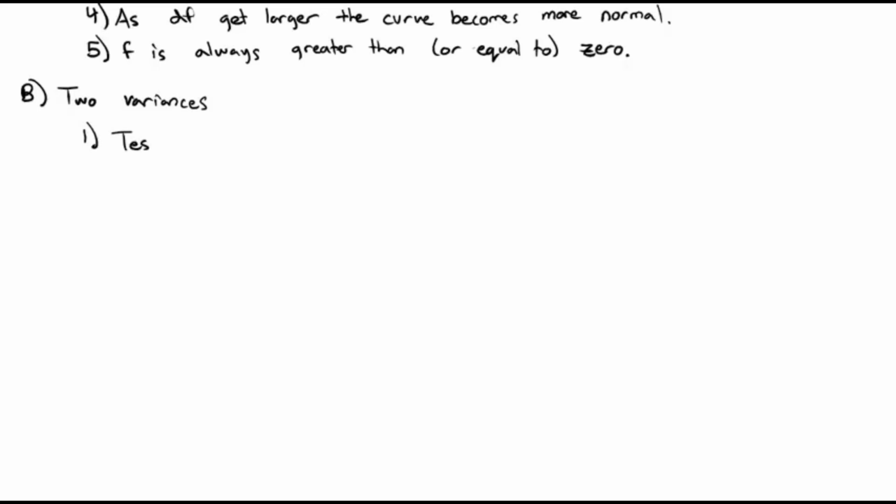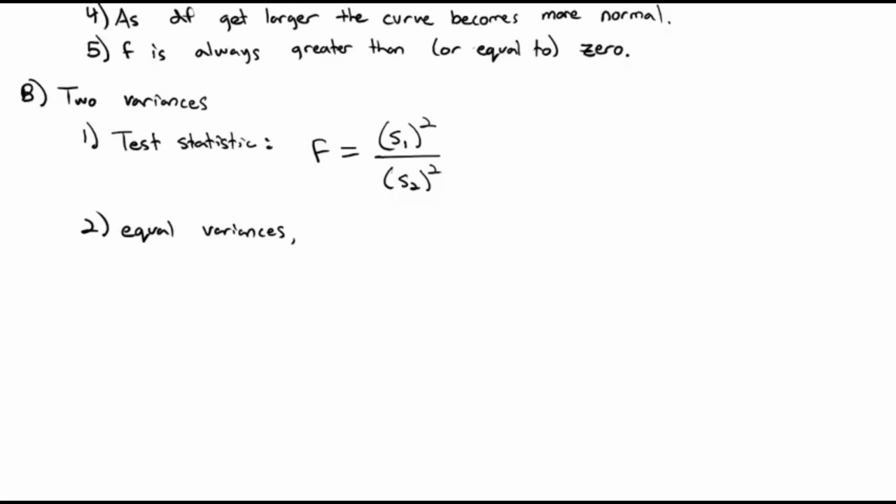The test statistic for 2 variances is simply the fraction, the first variance divided by the second variance, or the standard deviation squared divided by the standard deviation squared. If we have equal variances, that tells us that F is going to equal 1. We're dividing everything by itself.